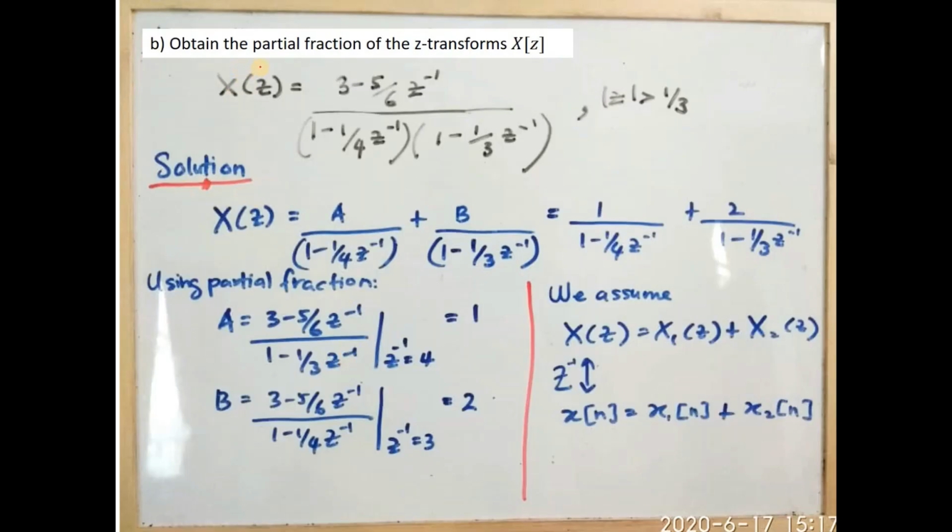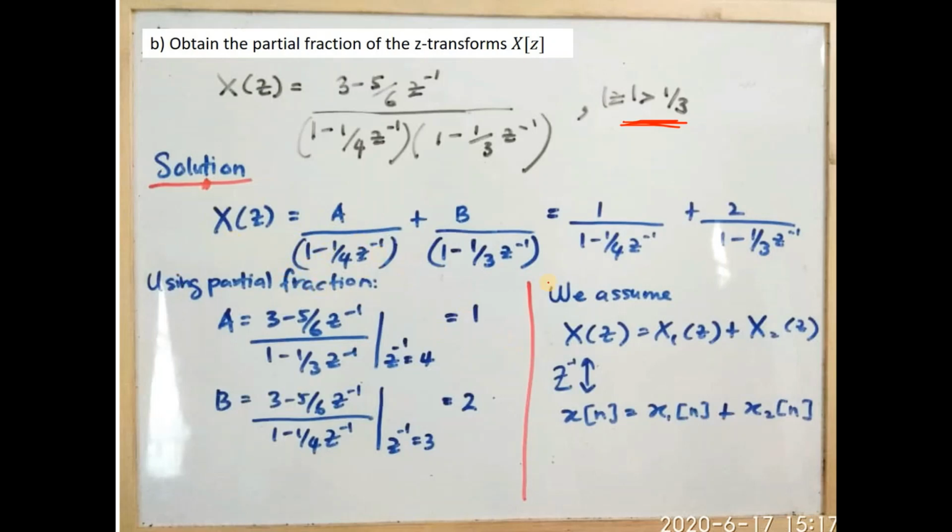The second question is to obtain the partial fraction of the z-transform X(z). You have the equation X(z) equal to 3 minus and so on, where you already know that the ROC is |z| more than 1/3. Partial fraction, like what you have learned in the Fourier transform.